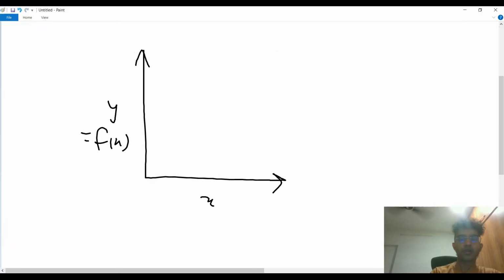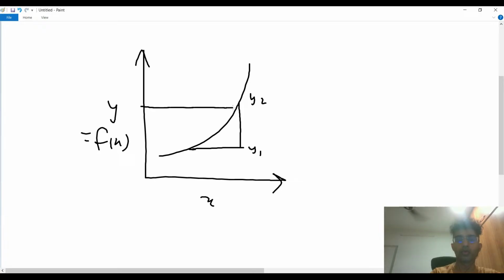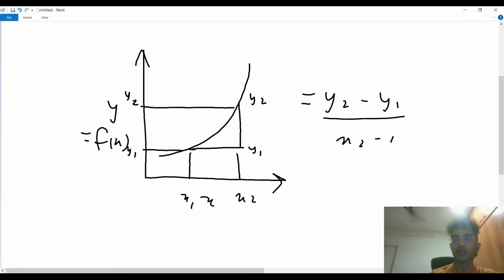And if it looks like this, then the rate of change of a function is basically y2 minus y1 divided by x2 minus x1, which is delta y by delta x.